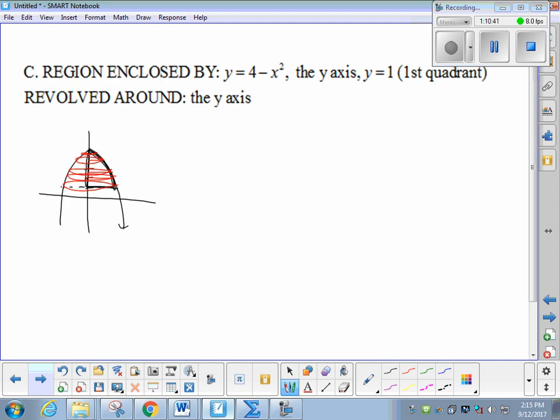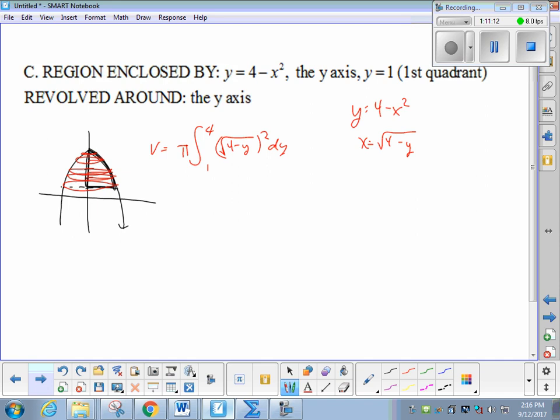So because of that, these will be in y. So you have to take the curve and put it in y terms, which would be the square root of 4 minus y, yes? That, though, is the radius, so that would then be squared. The limits of integration would be from 1 to 4. Did you get that one right? Yes? No? Are these set up right?